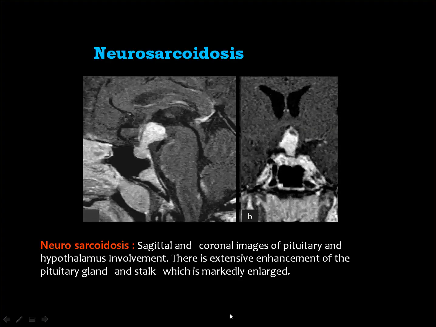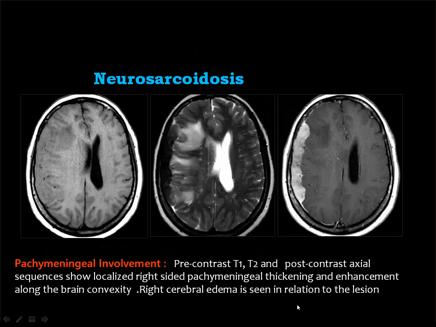Then one of the best sites for neurosarcoid is the pituitary gland, and especially the infundibular stalk, as well as the suprasellar area. You get some swelling of the pituitary gland, thickening and enhancement of the stalk, and enhancement in the region of the hypothalamus.